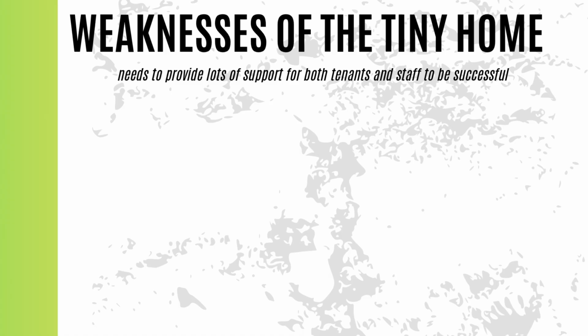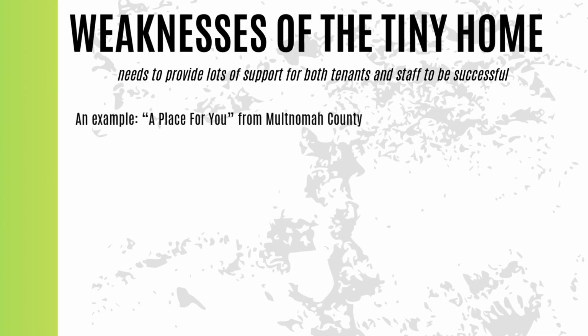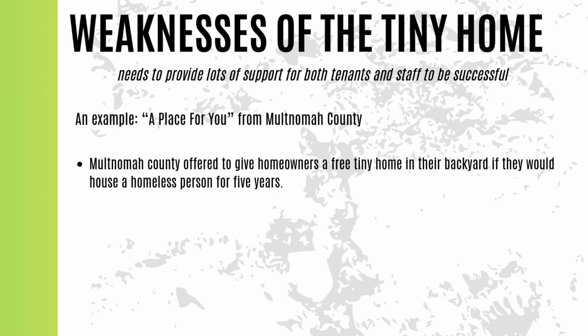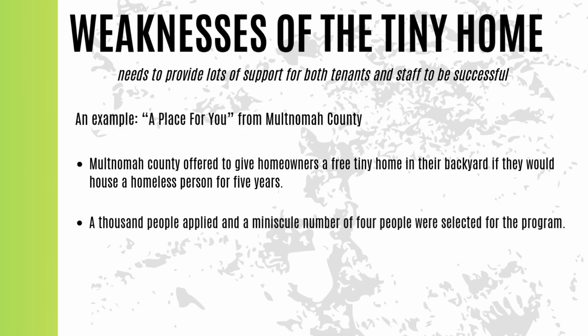A failed tiny home project is A Place for You by Multnomah County. Multnomah County offered to give homeowners a free tiny home in their backyard if they would house a homeless person for 5 years. 1,000 people applied, and a minuscule number of 4 people were selected for the program. Each tiny home averaged about $100,000 to build.